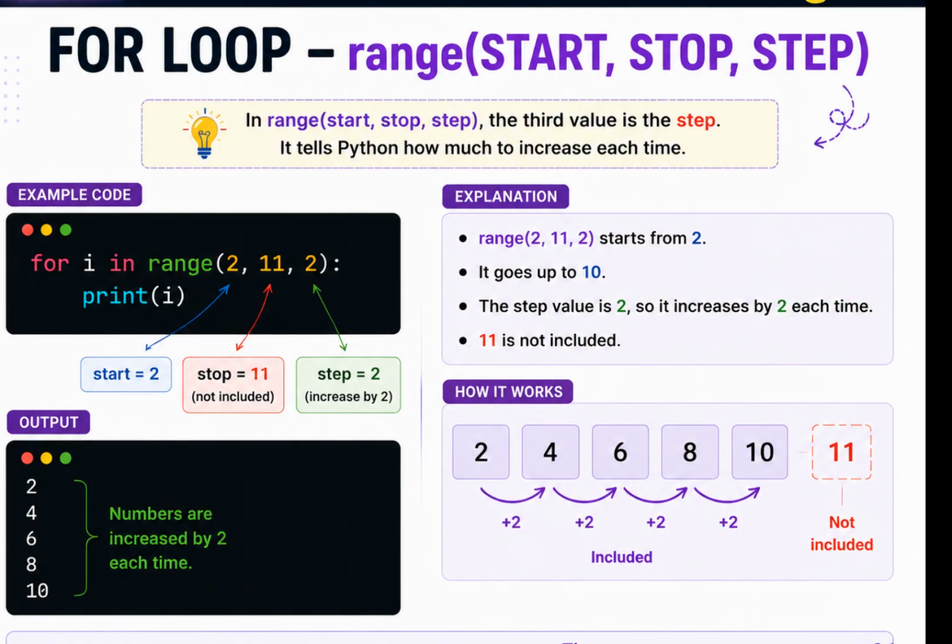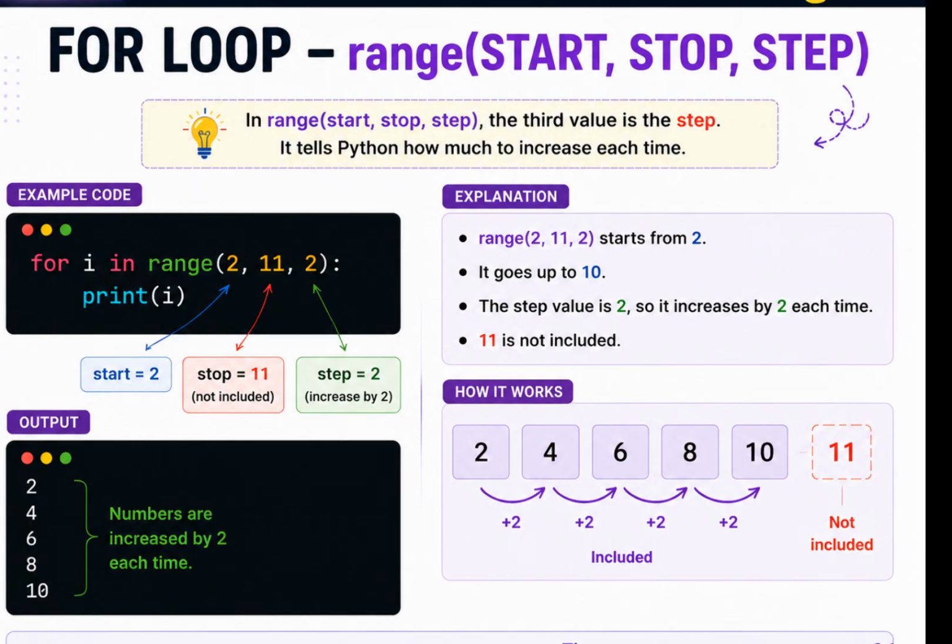Sometimes we don't want every number. We want every second number. For that, we use a step, which is the third value. For example, range(2, 11, 2).